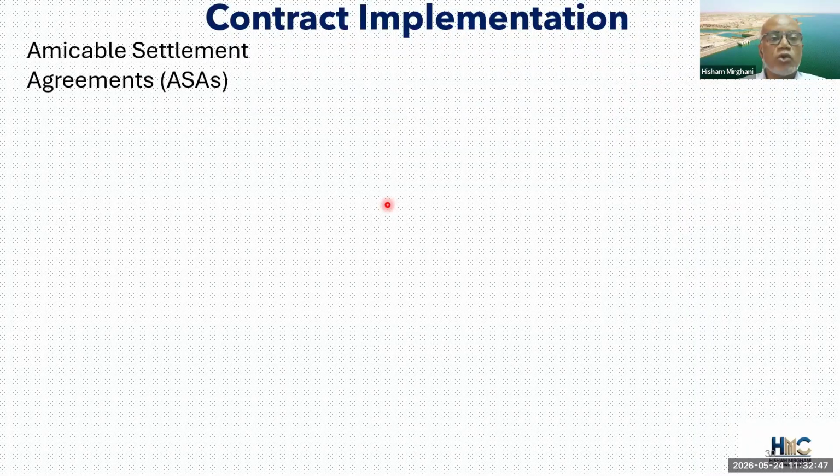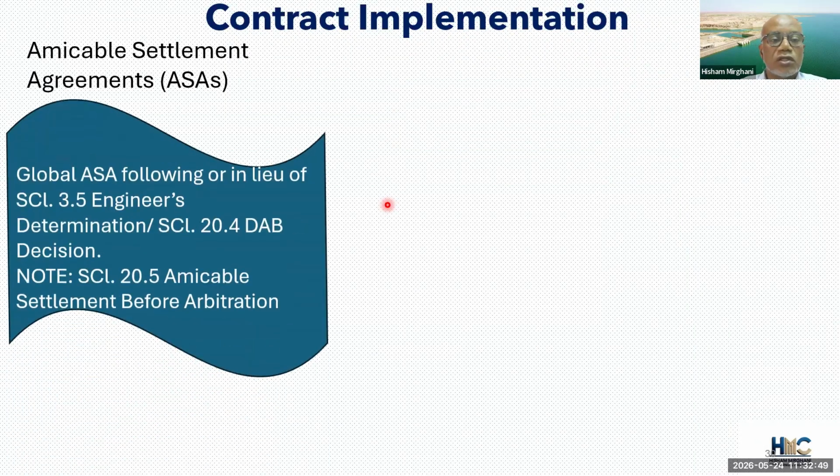Just a final point regarding amicable settlements. We know that the 2 parties are encouraged to agree in FIDIC just before the issue of the engineer's determination. And the employer and the contractor are also encouraged to reach an amicable settlement following a DAB decision and just before going to arbitration.